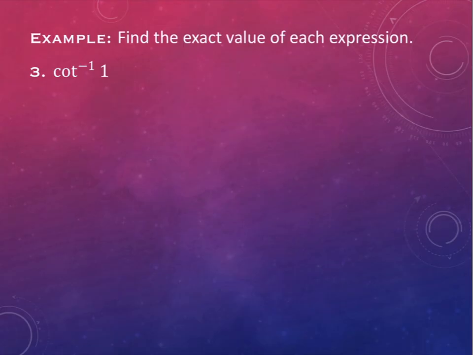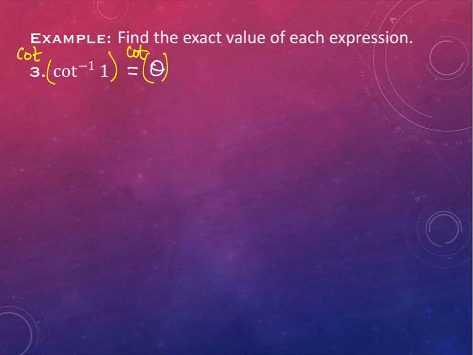We start out much the same way that we did with sine and cosine last time. We write down that this is equal to an angle. I usually call it theta. And then we rewrite this in terms of cotangent. So instead of inverse cotangent, I'm writing it with cotangent. The way that works, and you can kind of think of it like this, is that I'm putting a cotangent, not theta, just cotangent on both sides. Kind of like when we multiply by 2 on both sides or add 7.